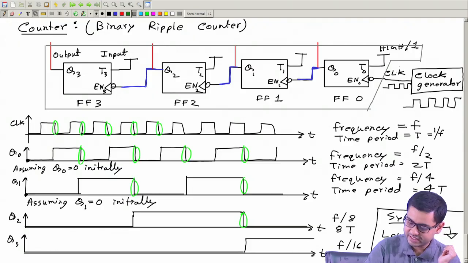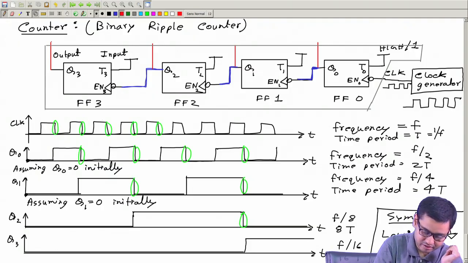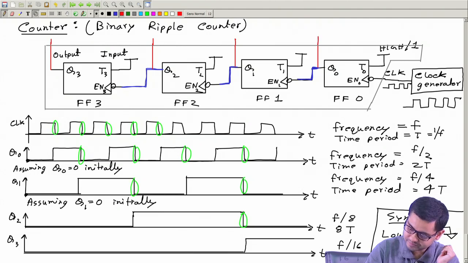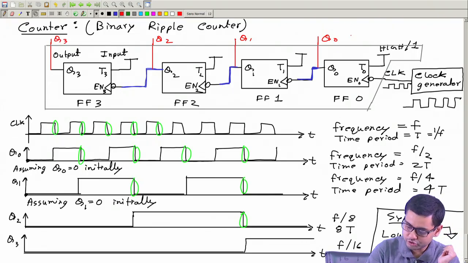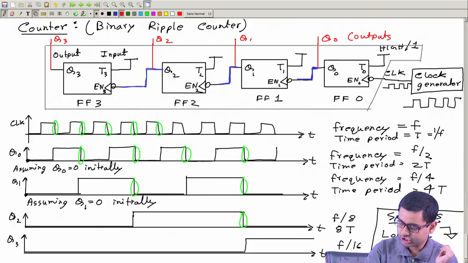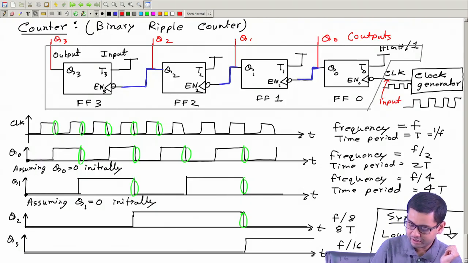Everything inside the box is my counter, and these are the 4 outputs, Q0, Q1, Q2, Q3. And this clock is the input of this box, which I call a counter.